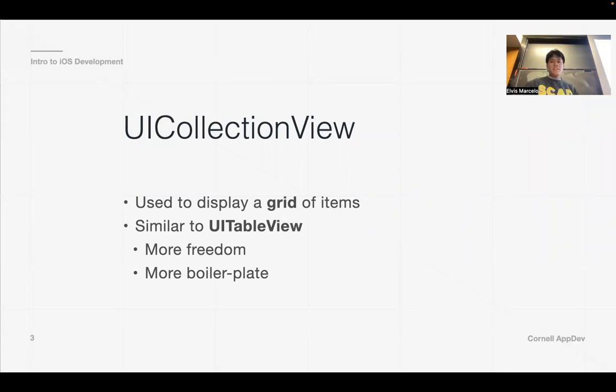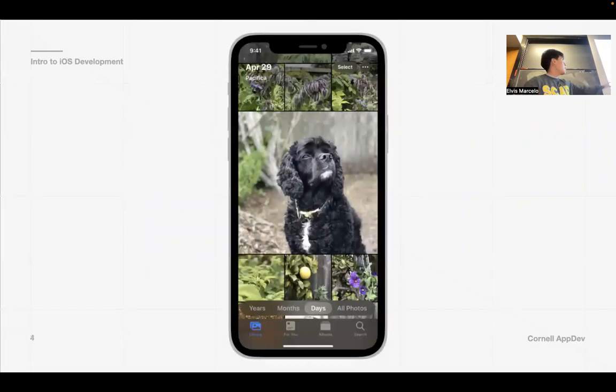To give an example of that, here is a collection view. Your photo album is an example of a collection view. We have different cells, and each one of these cells could have a different size. The picture of the dog is a good example because it's just one cell that has the size of about 3 cells.